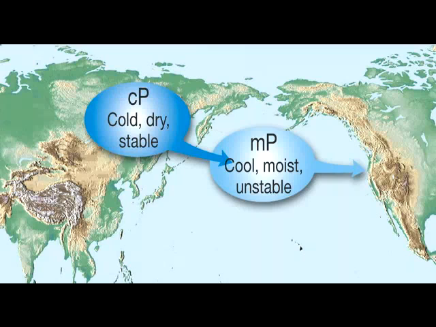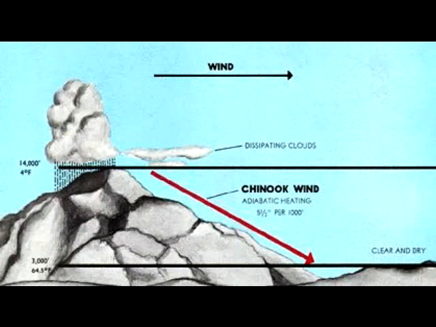They move eastward over relatively warm water, where evaporation and heating cause them to be unstable and humid. Orographic uplift of MP air masses at the windward slopes in the west coast region causes heavy rain or snow. East of the Rocky Mountains, the air mass has lost most of its moisture and often causes the Chinook.